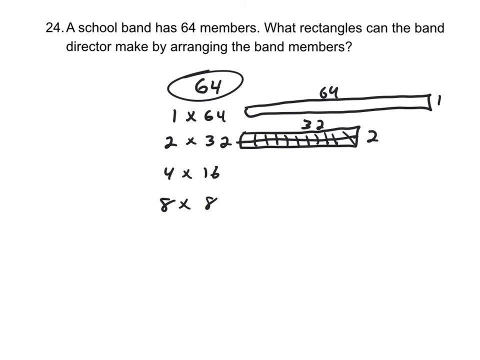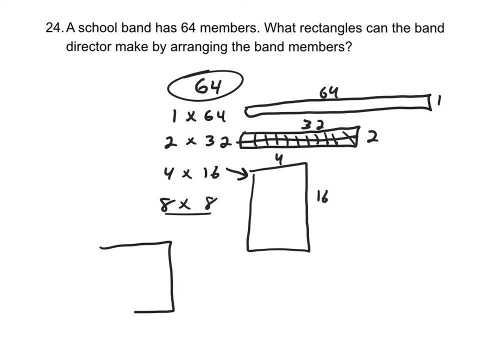So these are the 4 rectangles you can make, and an 8 by 8 is obviously a square. I'm not sure which one the band director would choose. What do you think? So those are the solutions for day 4 problems.